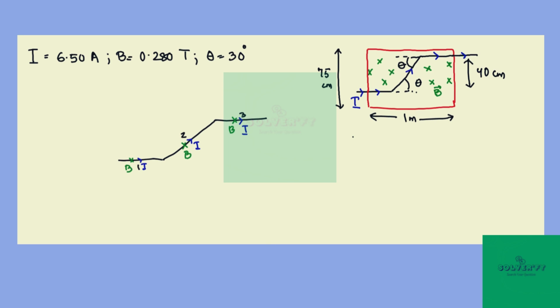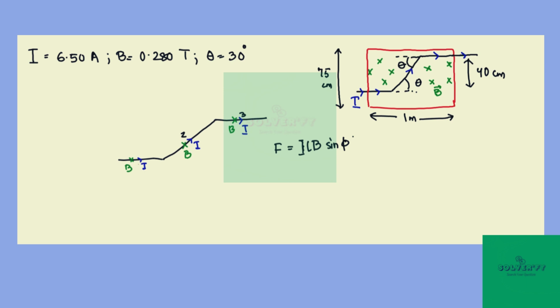Now the force on each of the segments is given by the right hand rule, and the magnitude of the force is given by I times L times B times sine phi, where capital I is the current and L is the length of the segment.